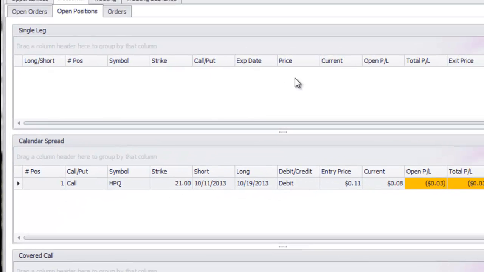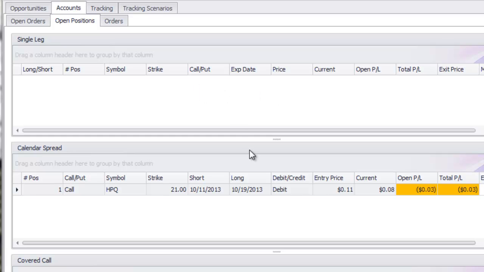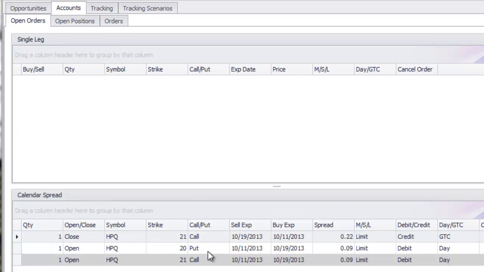Here's an open position. Click open positions. Here's one of my calls in HPQ, and my entry price was 11 cents. I simply placed an exit, and that exit order is what we see here. It's at 22 cents, so I'm going for 100% profit on this particular debit calendar spread.